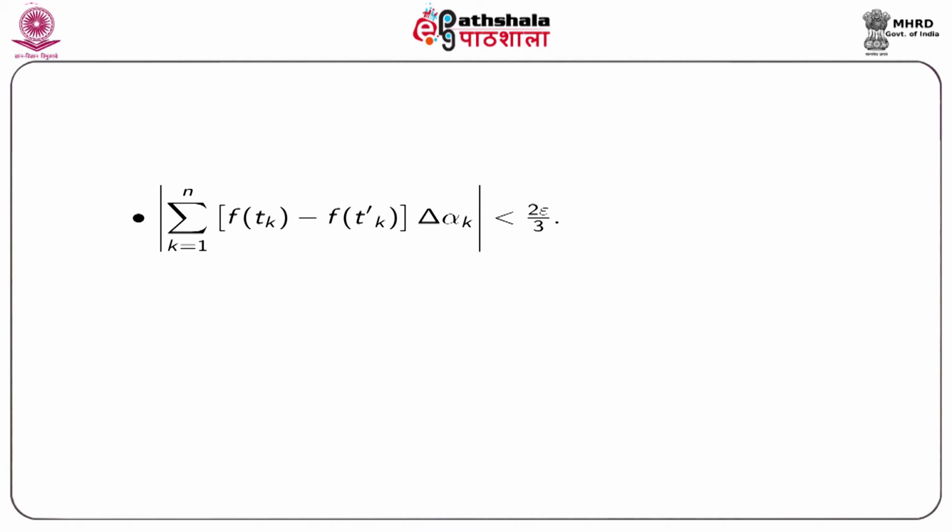Consequently, observe that mod sigma k equal to 1 to n f t k minus f t k dash into delta alpha k, this is less than 2 epsilon by 3.